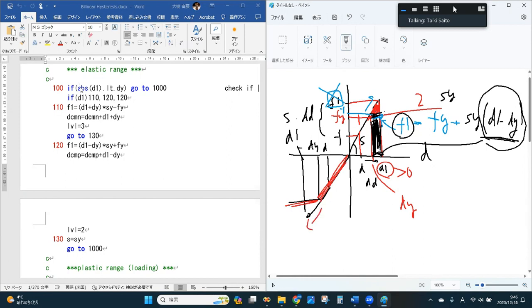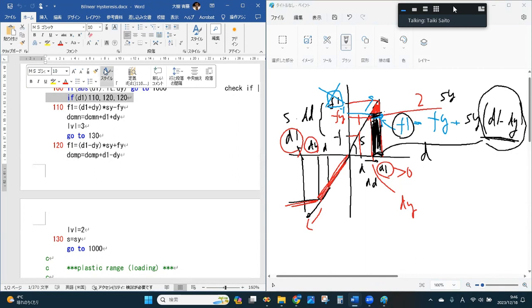So it means D1 is less than minus Dy, so the absolute D1 is more than Dy. So you will go to the second line, and D1 is negative in this case.